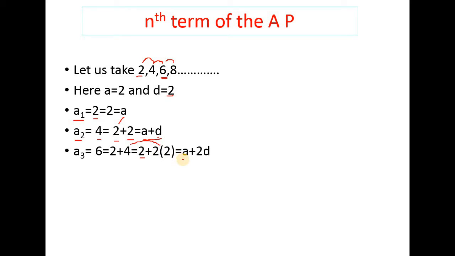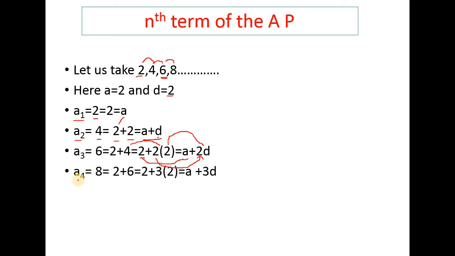Here the first 2 is the first term, so we write A. Then plus 2 into, where the 2 inside the bracket is the common difference. So A3 is equal to A plus 2D.